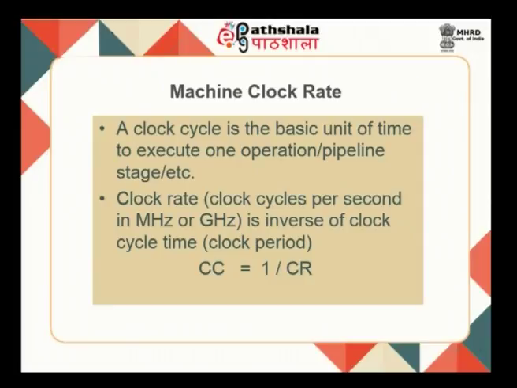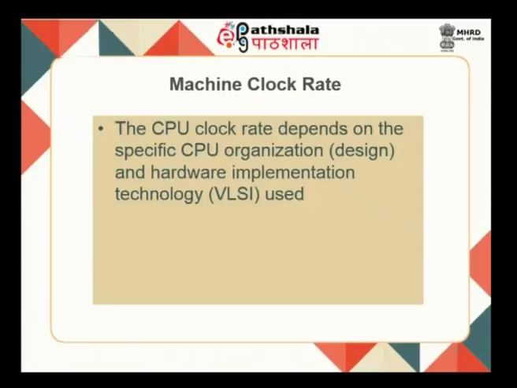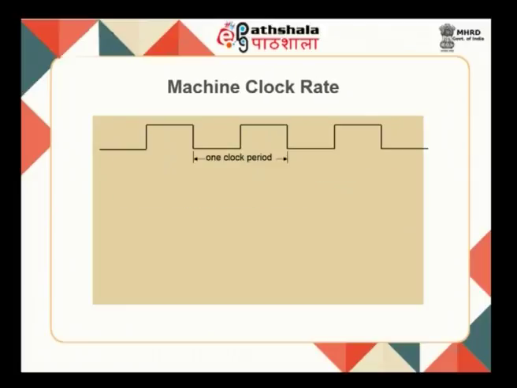So, Cc, the clock cycle time, is equal to 1 by clock rate. The CPU clock rate depends on the specific CPU organization, whether it is pipelined or non-pipelined, as we will discuss as we proceed, and the hardware implementation technology, the VLSI technology that is used.